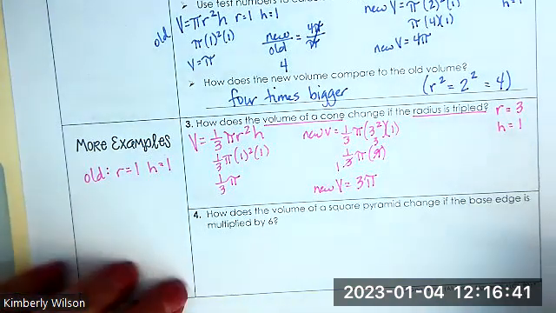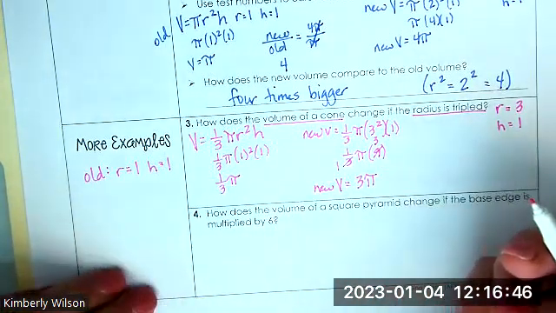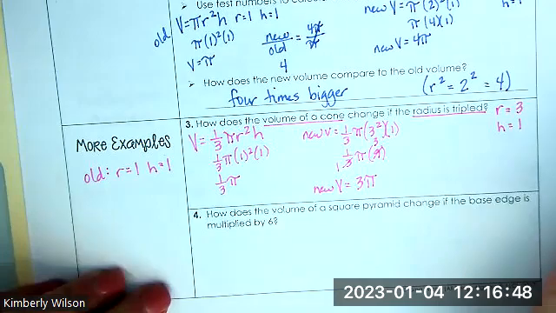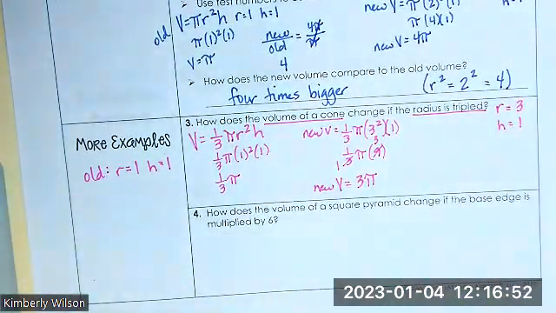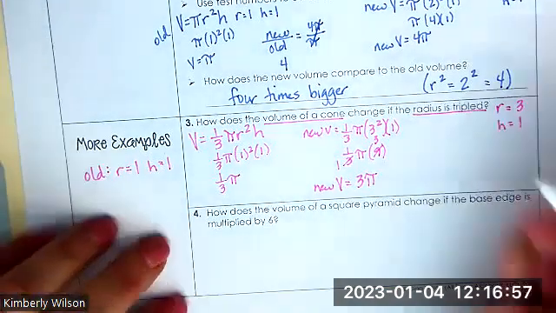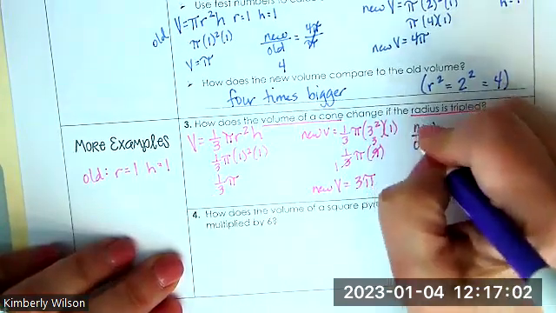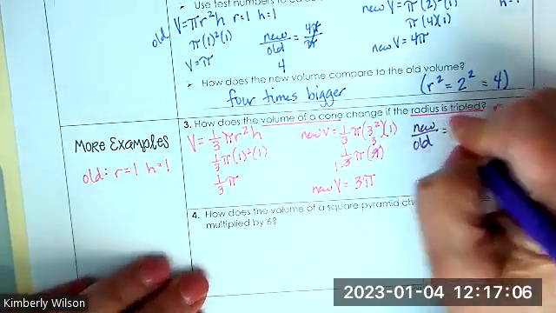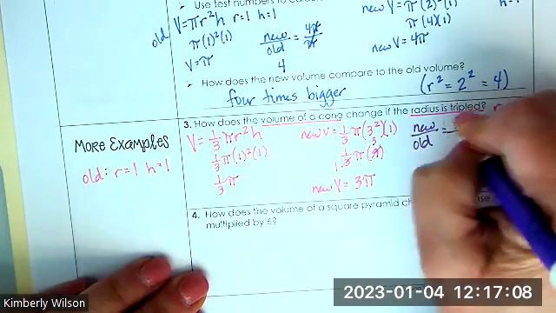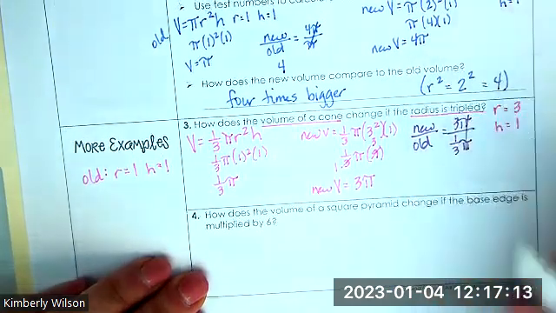Now, again, when we're doing this, to calculate how many times bigger, we do the new over the old, which means I'm going to be doing 3 pi over 1/3 pi, which means the pi's cancel.